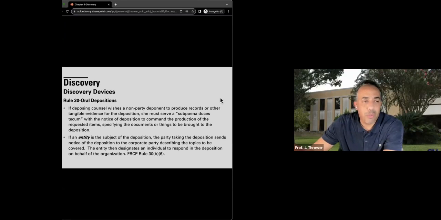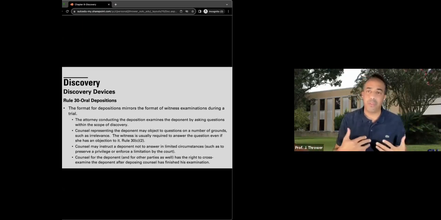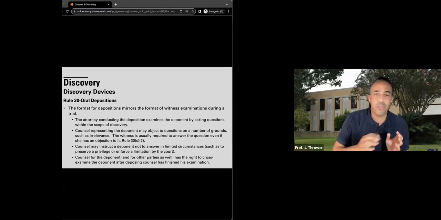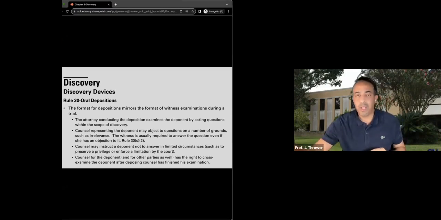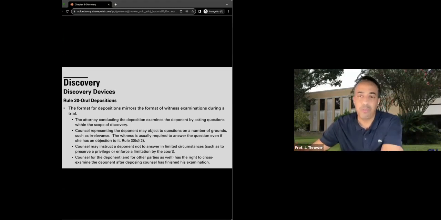Now, we talked a little bit already about the format of depositions and the fact that the format essentially mirrors the format of witness examinations during a trial. The attorney who is conducting the deposition and who notices the deposition examines the deponent first. They get the opportunity to ask the questions of the person being deposed first. And these questions must be in accordance with the scope of discovery as outlined by Rule 26.